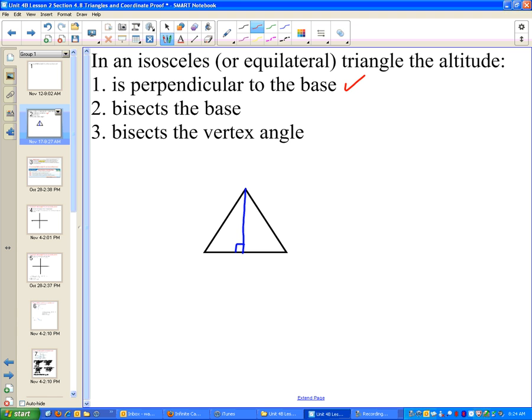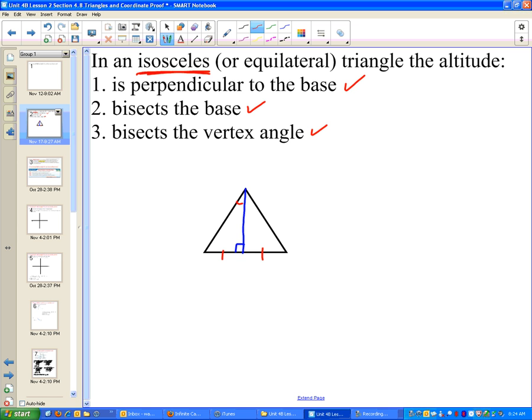And then, special for isosceles triangles, and remember, equilateral triangles are special types of isosceles triangles, so special for isosceles and equilateral triangles, the altitude bisects the base. So we know those 2 segments are congruent. And it bisects the vertex angle.